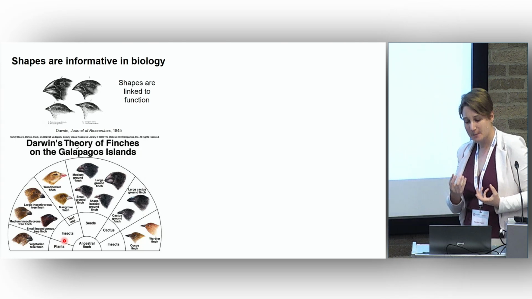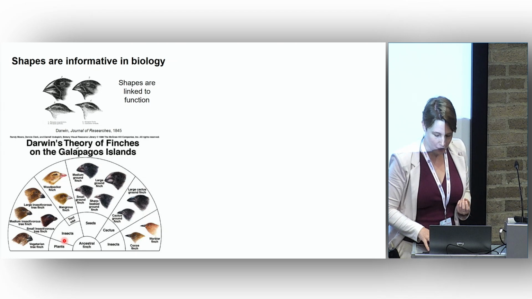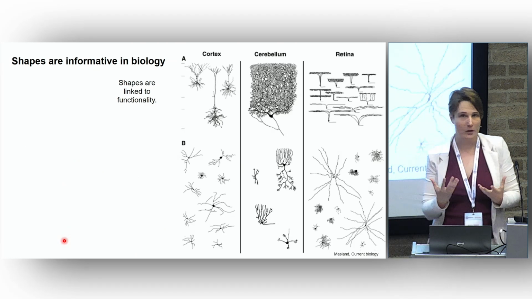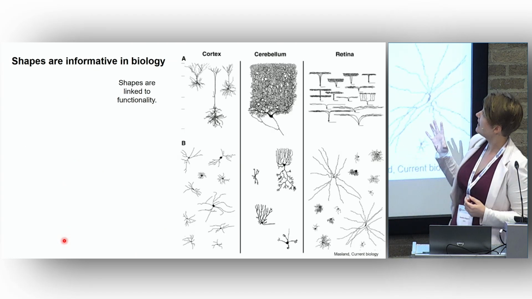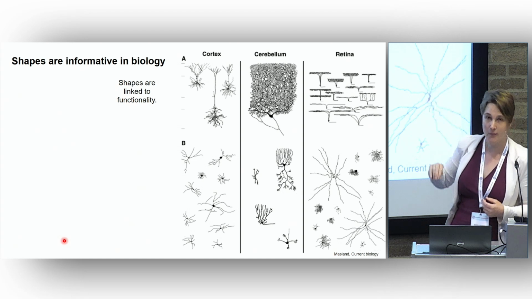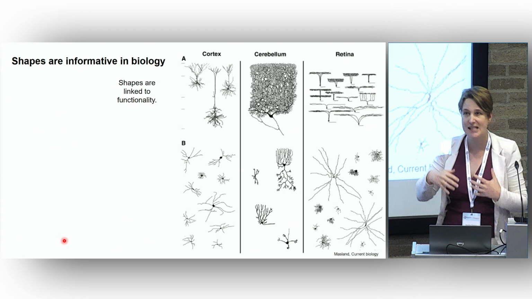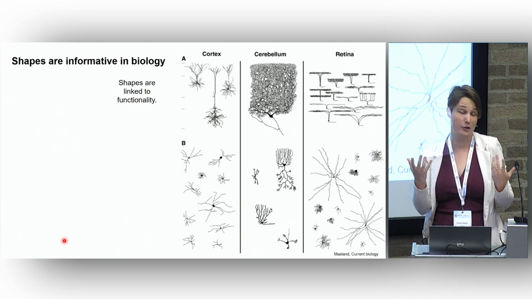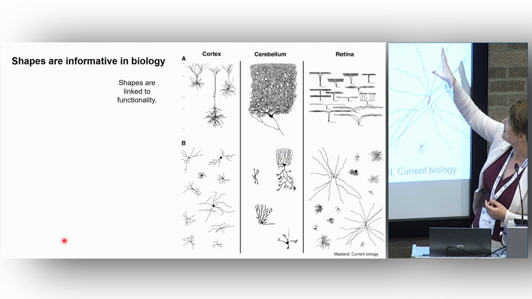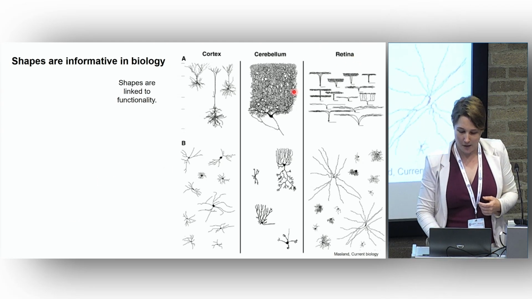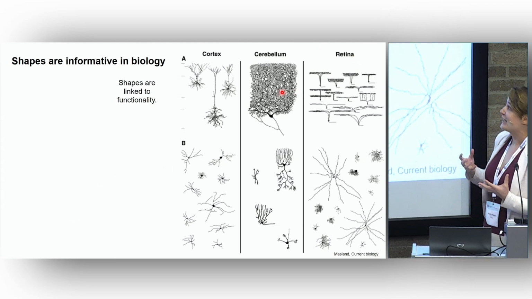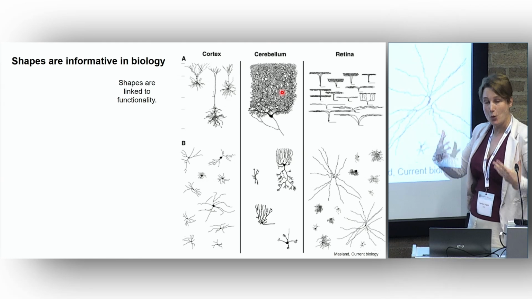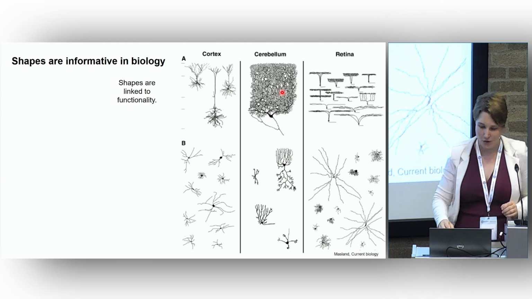A similar principle exists for the nervous system overall. When we look at the individual cell types in just three brain regions as an example, you see the diversity of, for example, the dendritic processes here in the cerebellum, indicating that there must be differences in how they process neuronal information.